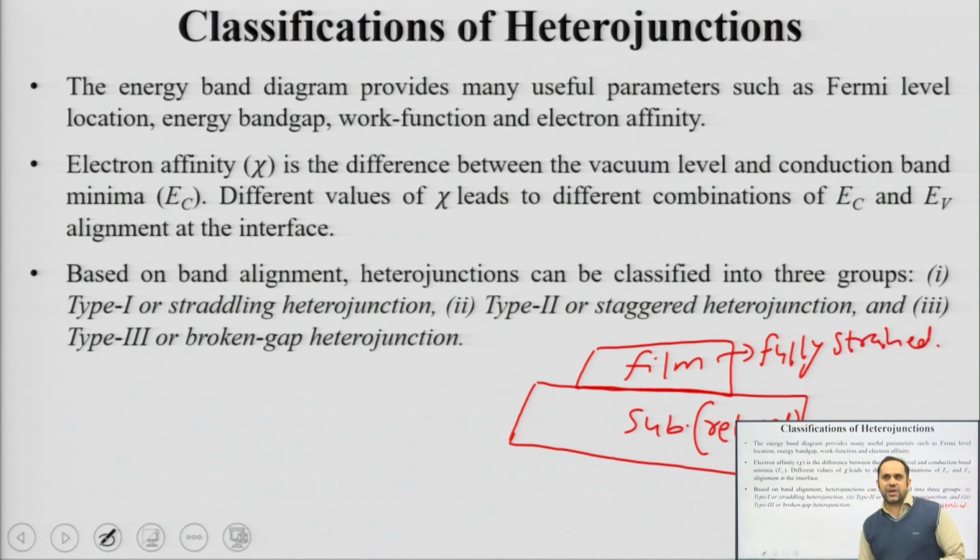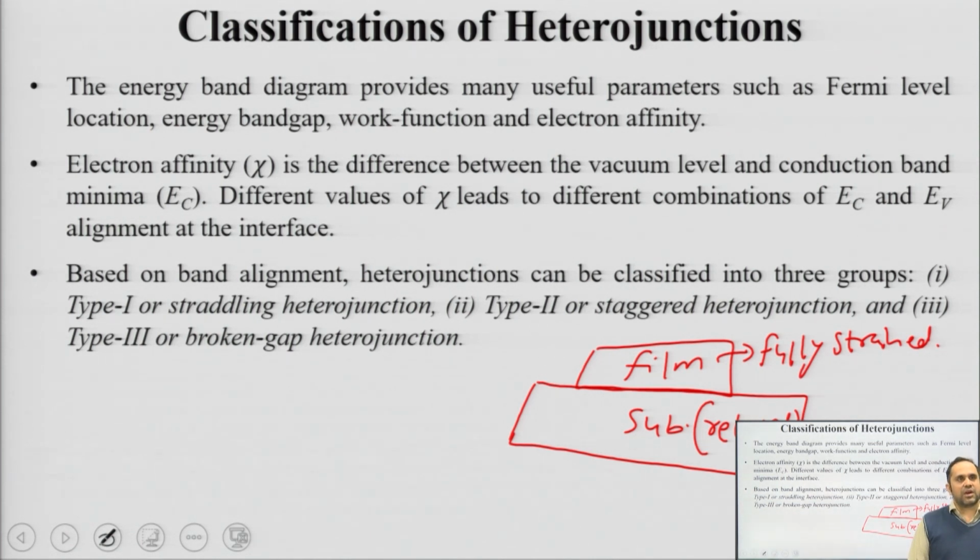It can be classified into three types: type 1, type 2 and type 3. Type 1 is also known as straddling heterojunction, type 2 as staggered heterojunction, and type 3 as broken gap heterojunction. They can be classified on the basis of their energy band diagram. Different combinations of EC and EV tell you which type of heterojunction we have.